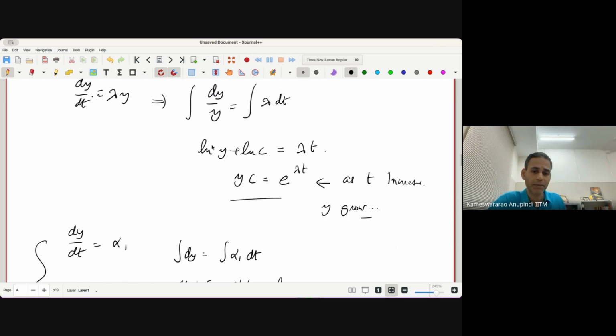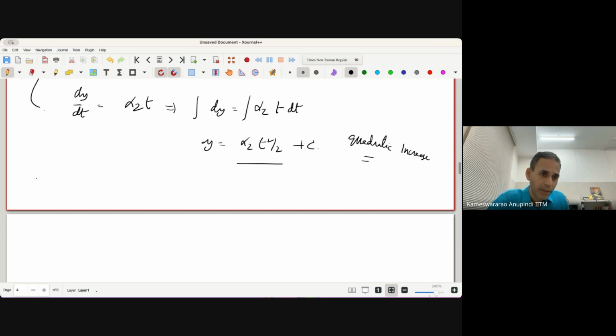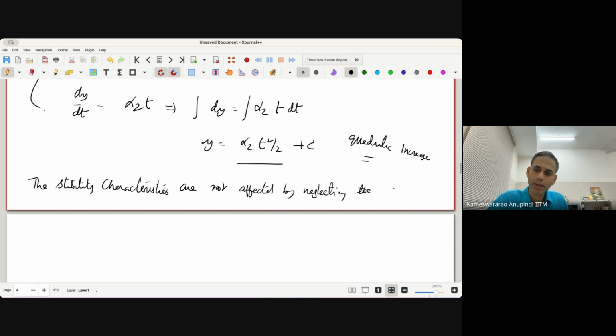However, what happens is the stability characteristics are not affected by neglecting the inhomogeneous terms.